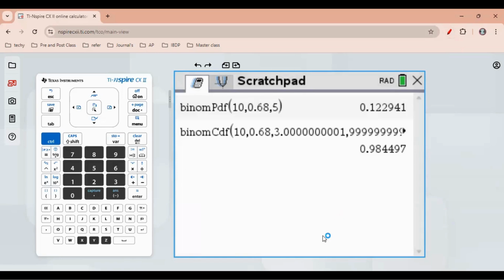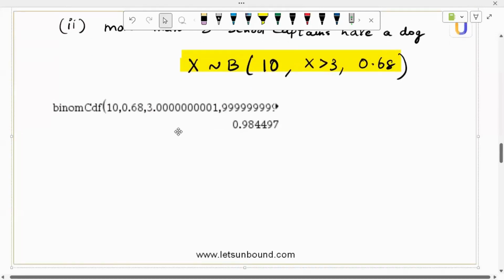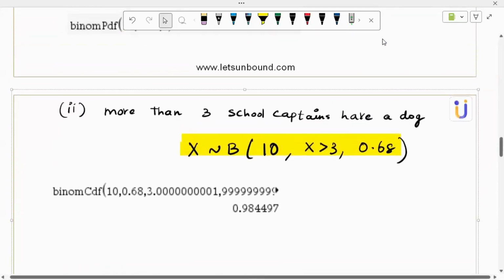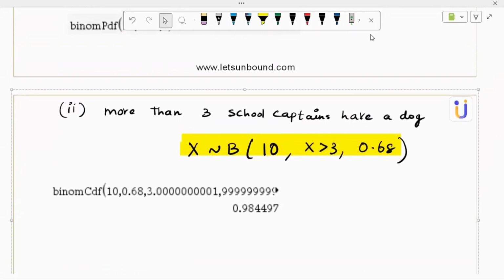We got this answer, binomial CDF, and this is 0.94497. So moving to the solution page, let's interpret this result. So we got the probability of the required thing.